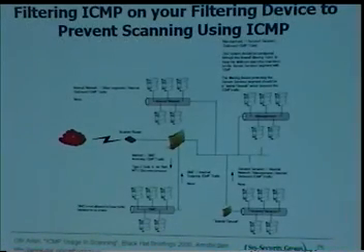Here's another slide basically describing what can be seen and what should be filtered. For reliability's sake, I think your lawyers will agree with me that some of the ICMP messages, like ping or other stuff, should be blocked from your network's outside.